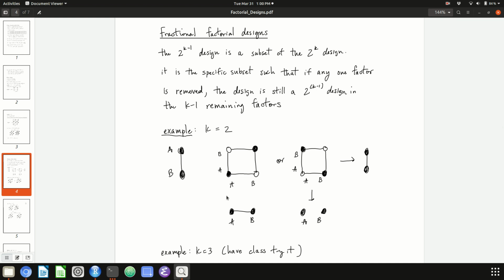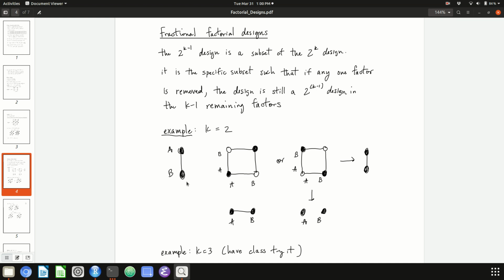Another way of looking at this, if we just look at this design, we have one run at the A level of factor 1, and we have one run at the B level of factor 1. The same is true for factor 2. We have one run at the A level and one at the B level. Actually, these should be switched. This should say B here, and this should say A here.